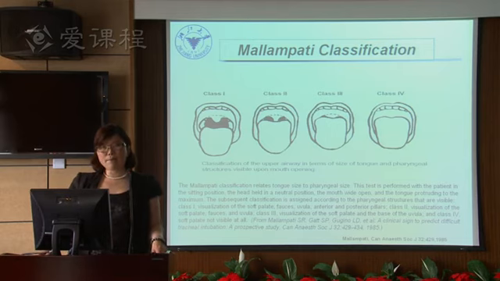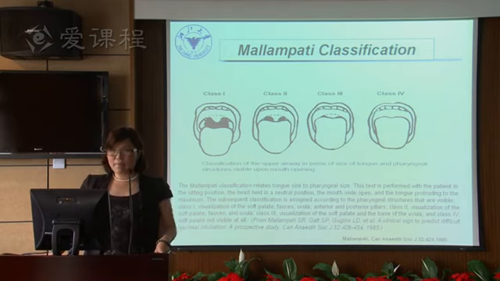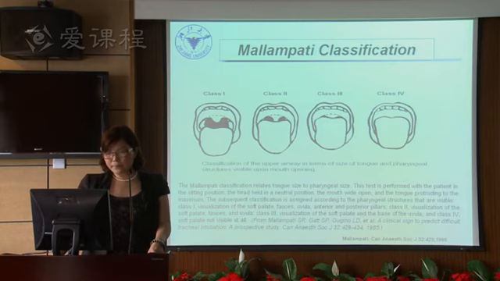This is the Mallampati classification. The Mallampati classification relates the tongue size to pharyngeal size. This test is performed with the patient in the sitting position and the head held in a neutral position, mouth wide open and the tongue protruding to the maximum.